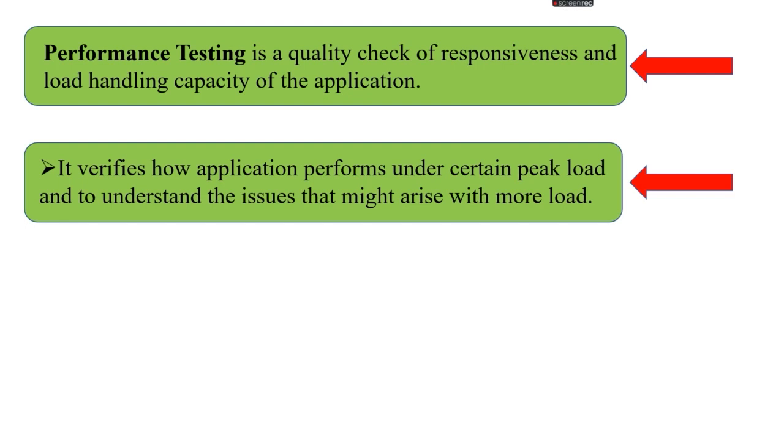And also, if I increase that peak load above 500, then what issues may arise? So in performance testing, we can understand how the application performs under the load and how it responds after increasing the load. These things will be considered in performance testing.